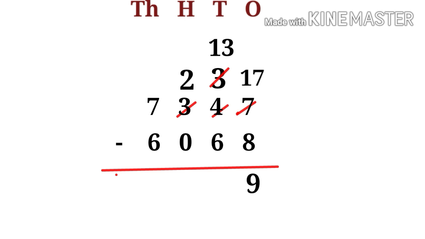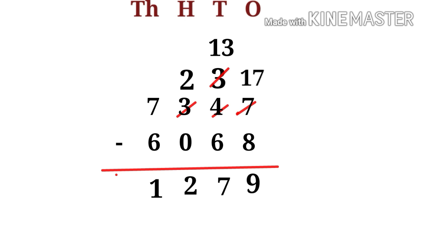Now we can subtract 13 minus 6, that is equal to 7. Next, subtract 100 place digits, that is 2 minus 0, that is equal to 2. At last, subtract thousands place digits, that is 7 minus 6, that is equal to 1.